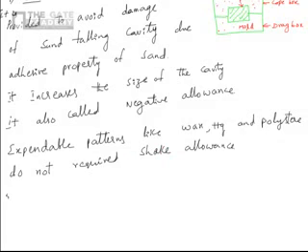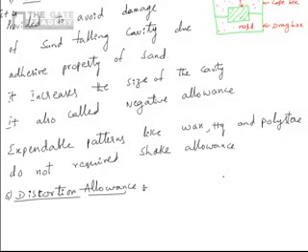Next allowance, distortion allowance. In the case of thin and long shaped components like U-shape and V-shape channels and C-sections, there is a possibility of bending due to shrinkage forces acting in the outward direction, so that we get the required U-shaped component. This happens only in thin shaped components.